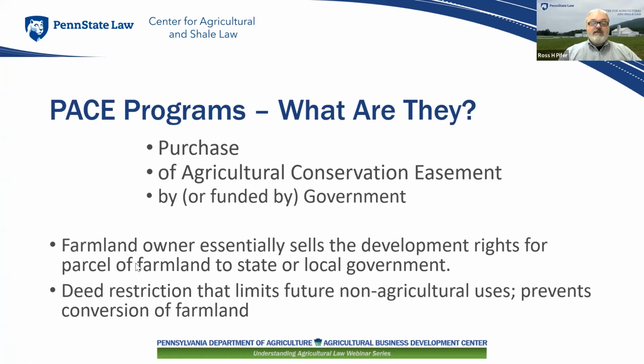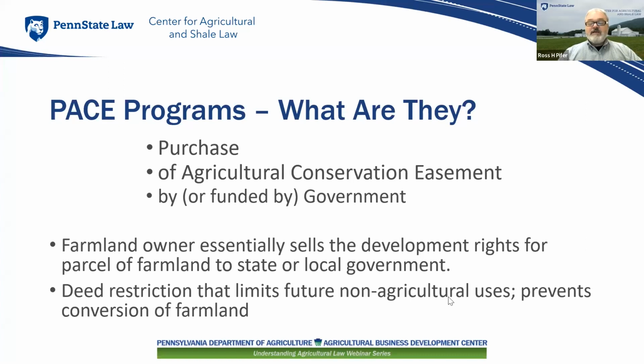So the farmland owner is essentially selling the development rights to state or local government. So we're separating those rights. You think of the bundle of sticks that a property owner has, and all of the different rights that go along with property ownership.